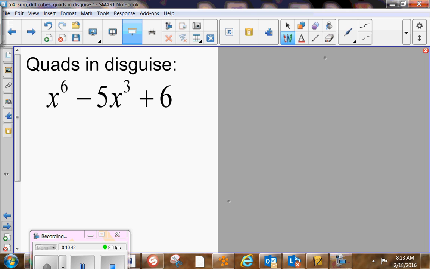Okay, let's move on. This is your quads in disguise. This is your last window on your foldable. Quads in disguise. What do you think quad stands for? It's an abbreviation for quadratics.